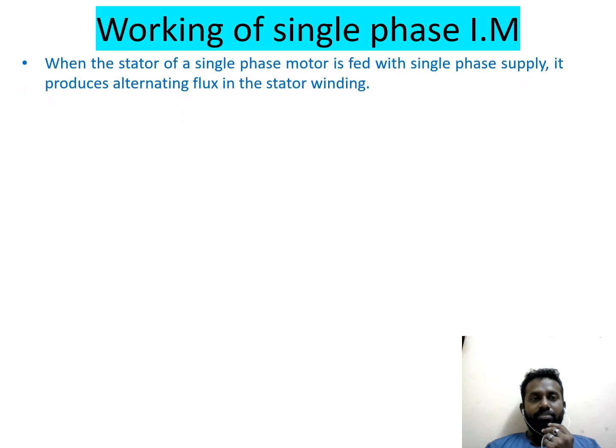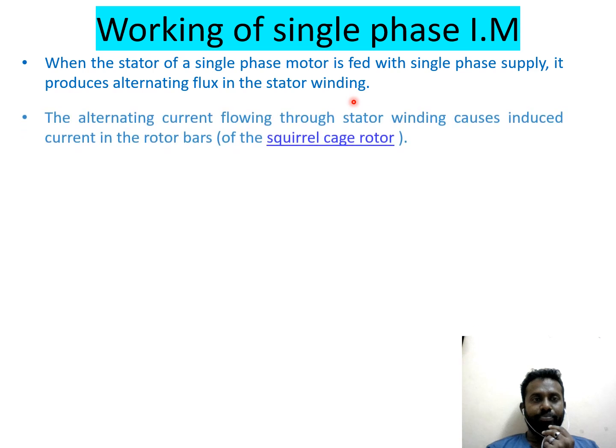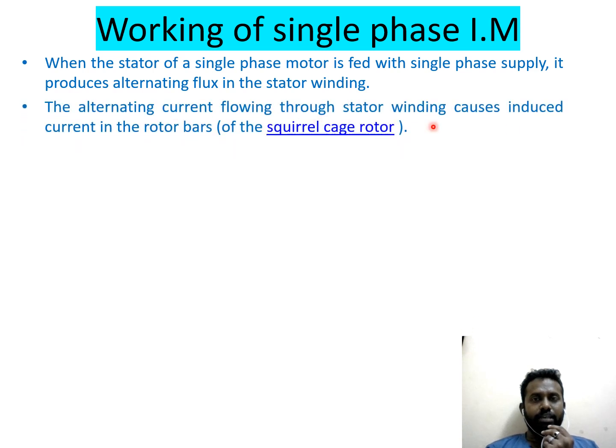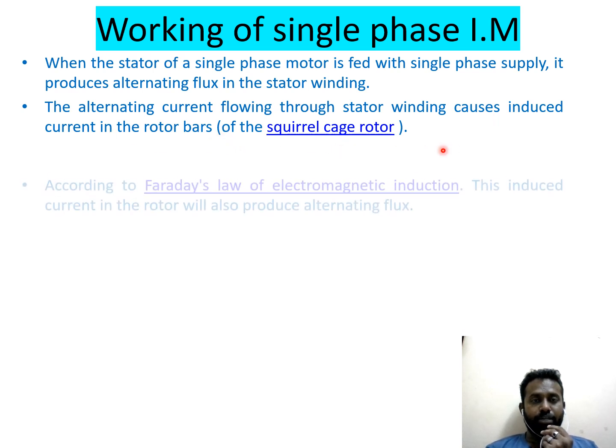The working of a single phase induction motor. When the stator is fed with single phase supply, it produces alternating flux in the stator winding. The alternating current flowing through the stator winding induces current in the rotor bars of the squirrel cage rotor, because it is short circuited.